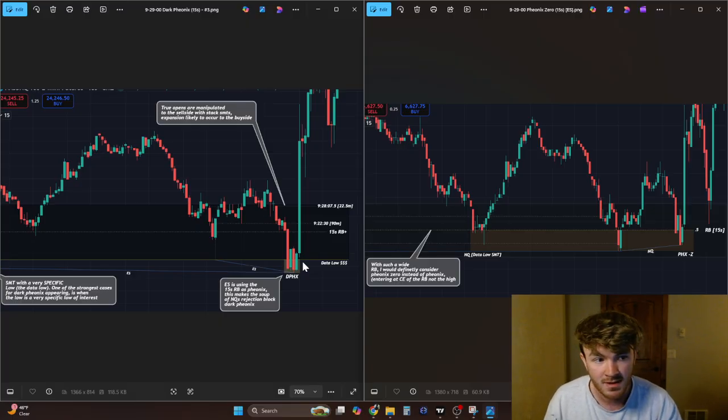So what does that mean? That means you're going to get a lot of times where one asset is going to push into the rejection block and not take the data low or the market open low, and the other asset is going to soup it. These soups of market open lows and data lows are super, super common.